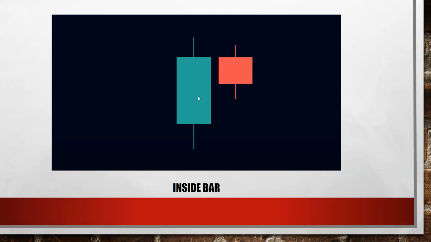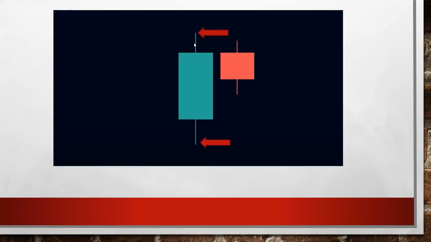What does matter is that the candle on the left, which we're going to call our mother candle, and the candle on the right, we're going to call the baby candle.